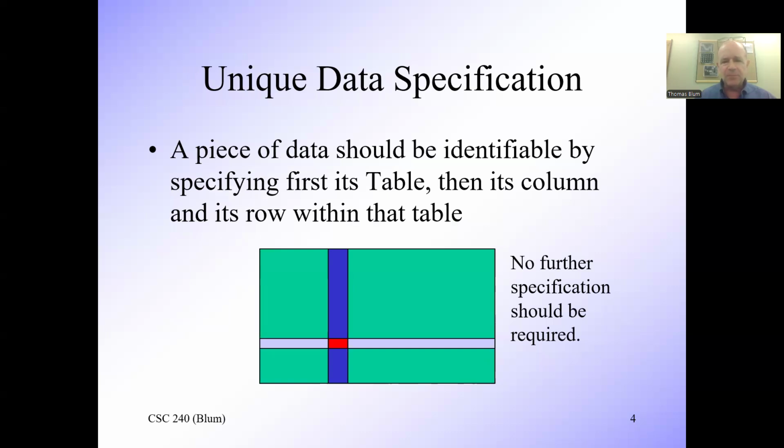So the idea of a relation is realized as a table, and a table should have a name, the columns of the table should correspond to properties and should have names, and each row should be uniquely identifiable by some primary key. Therefore the table is identifiable, the columns identifiable, the rows identifiable, and then we're drilling down to just an individual cell with a piece of information.